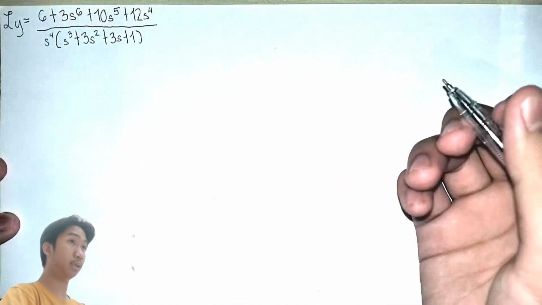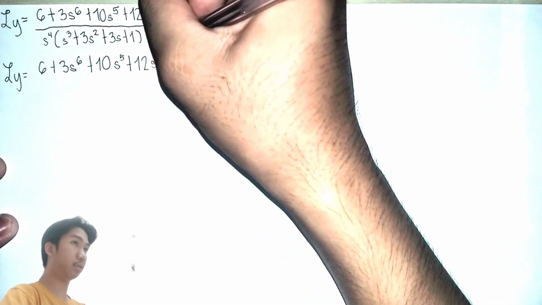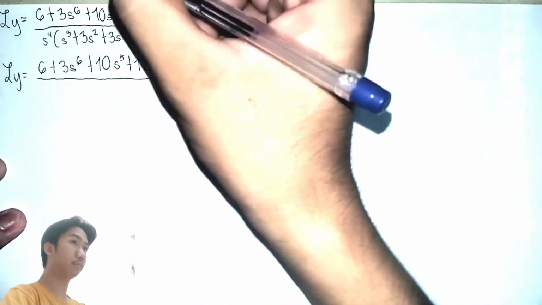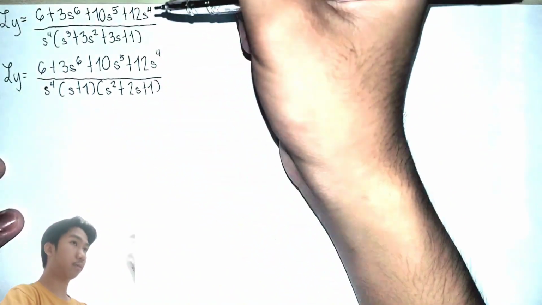Now we simplify it further, as we need to simplify the denominator. That would be the Laplace of y is equal to 6 plus 3s raised to 6 plus 10s raised to 5 plus 12s raised to 4 all over s raised to 4 multiplied to s plus 1 multiplied to s squared plus 2s plus 1. And we simplify it further.